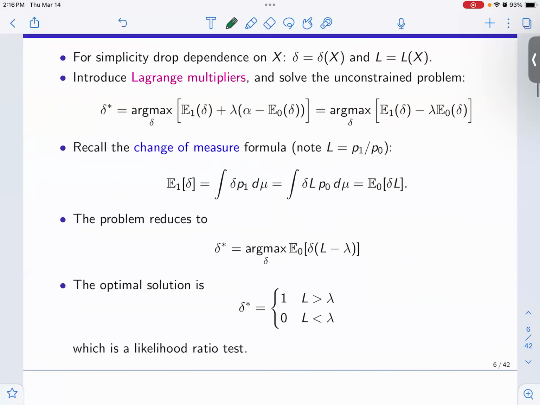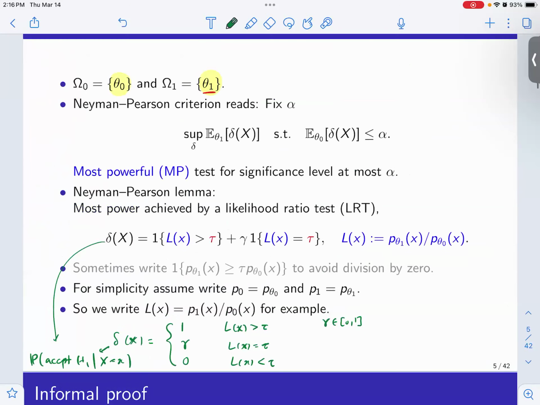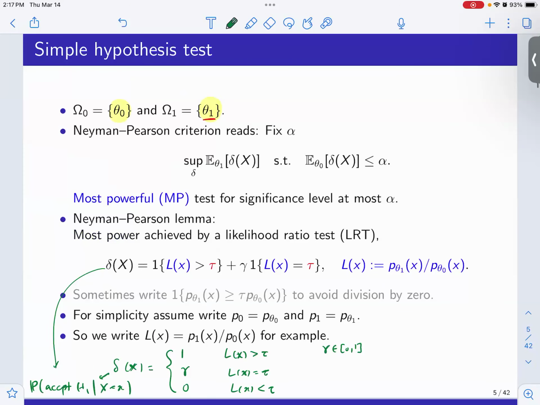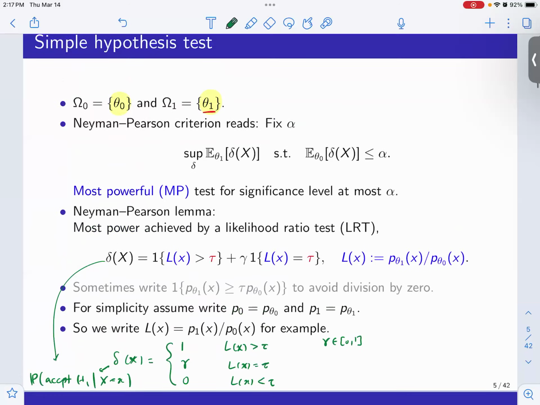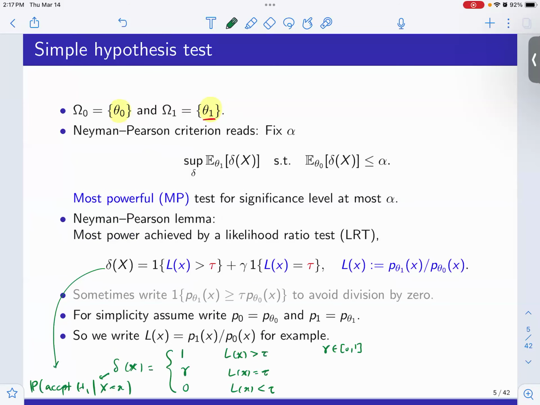Okay, maybe let me give you the heuristic argument, and if you have time, we can go to the other parts. The basic idea is that this is an optimization problem, a constrained optimization problem, and I can use Lagrange multipliers to turn it into an unconstrained problem. This is the easiest way to solve this.